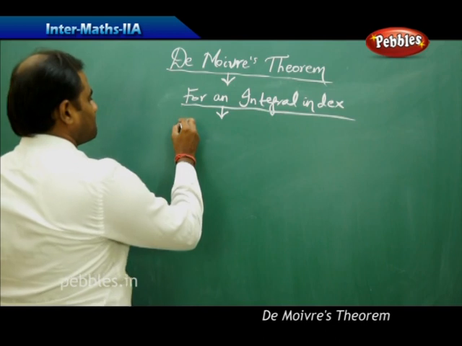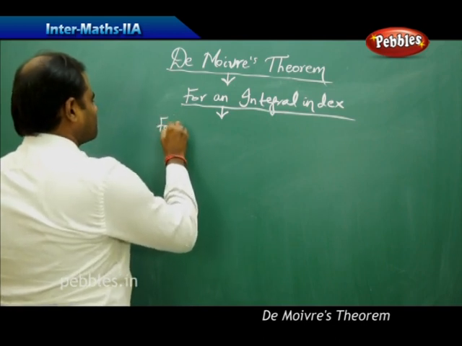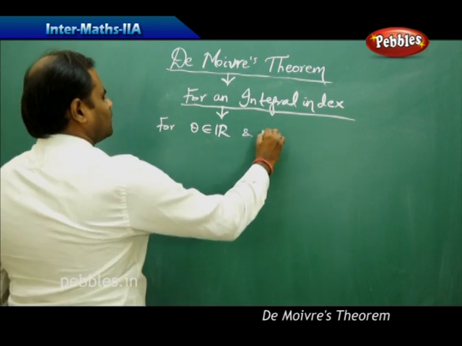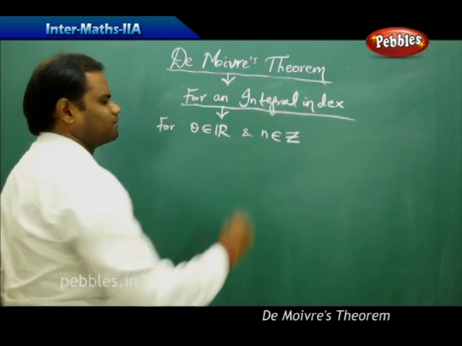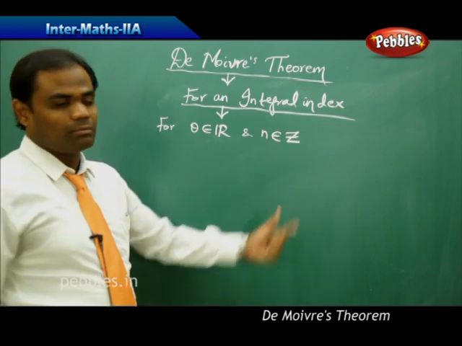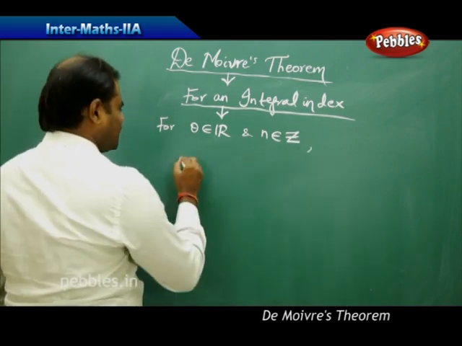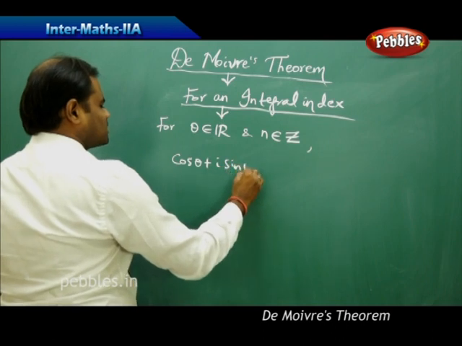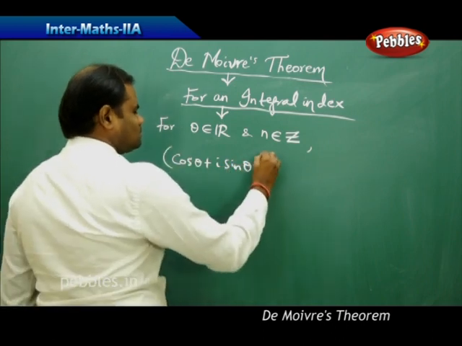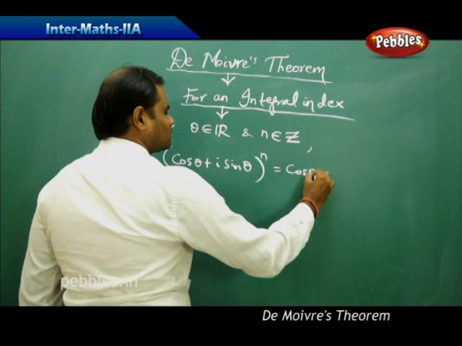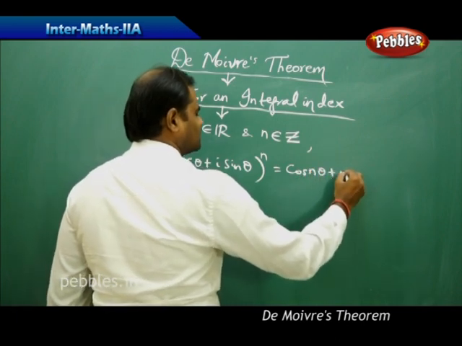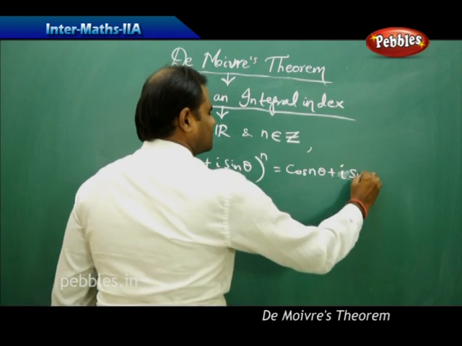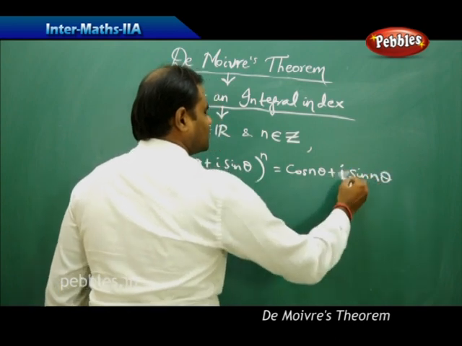So here, for theta belonging to R and n belonging to Z, we have (cos theta plus i sin theta) whole power n is cos n theta plus i sin n theta.